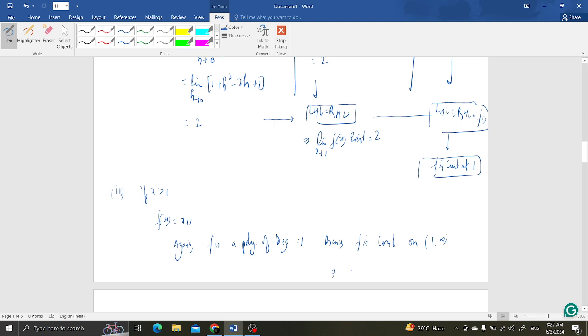On combining the first, second and third cases, f is continuous on R.